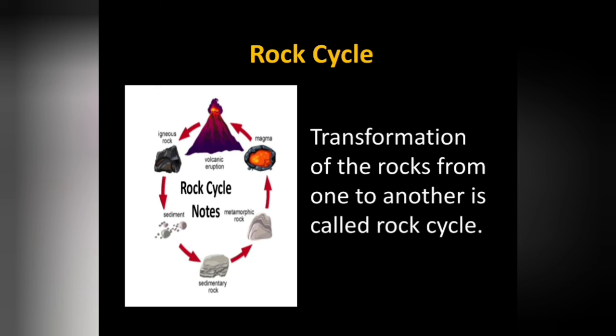And this molten magma can again cool down and solidify into igneous rock. In this we have seen that all the rocks change from one to another in a cyclic way, and this cycle is known as rock cycle.